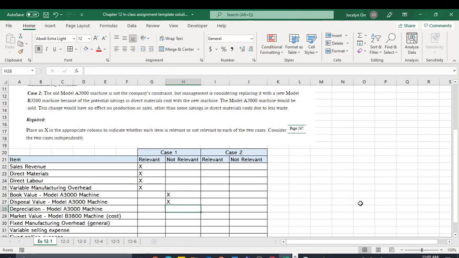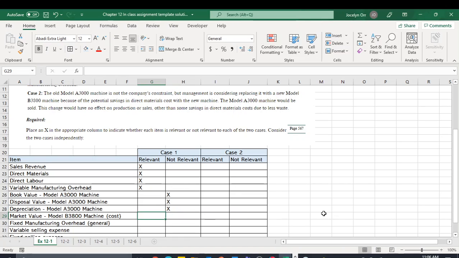So even though I've now included that, it is also not a relevant cost. The reason being that we're going to incur that depreciation whether we purchase the second machine or not. So when it doesn't change between the two scenarios, it is not a relevant cost.